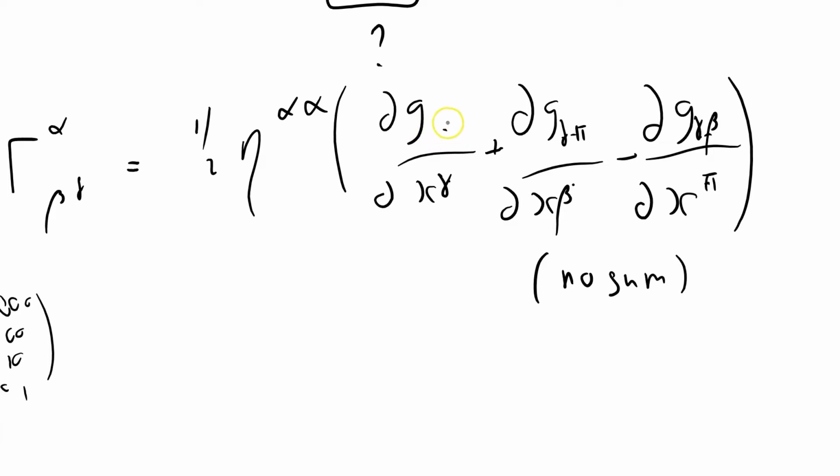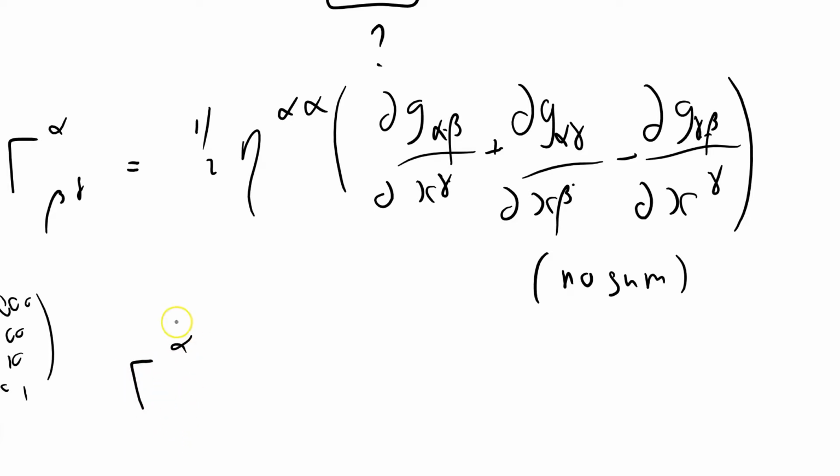That should be alpha beta, and that should be gamma alpha here, because I'm replacing pi with alpha. This one should be alpha gamma, and this one down here is di alpha, of course.